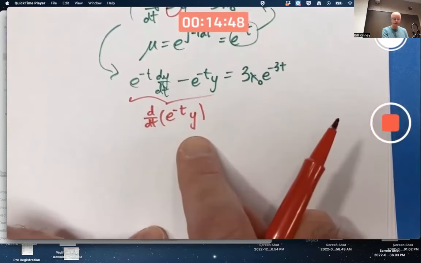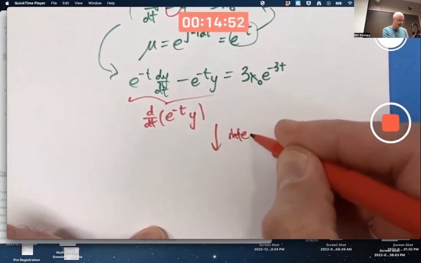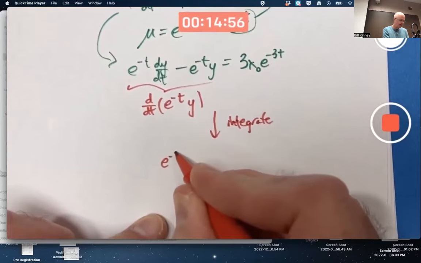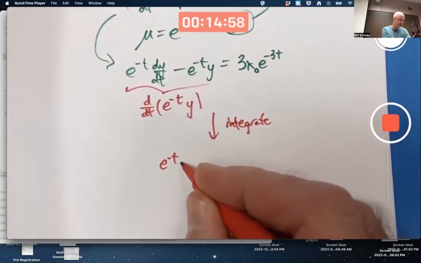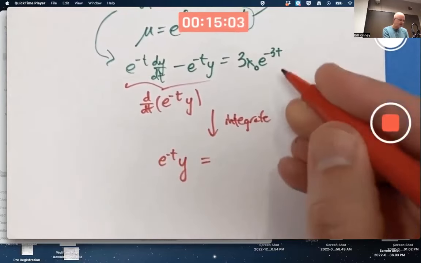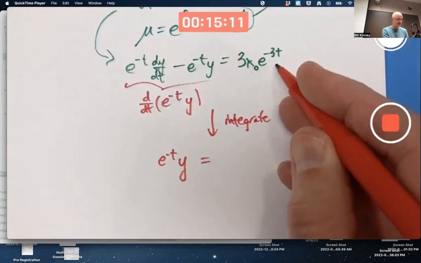And now, since this is a derivative, it's easy to integrate. Now integrate, I won't even bother writing an integral symbol. The left side integrates to the integrating factor times the unknown function y. The right side we integrate with respect to t. If you want to be careful about it, you do a substitution like u equals 3t or -3t.